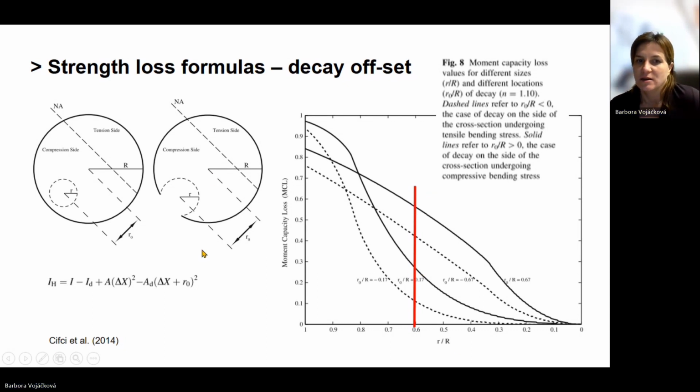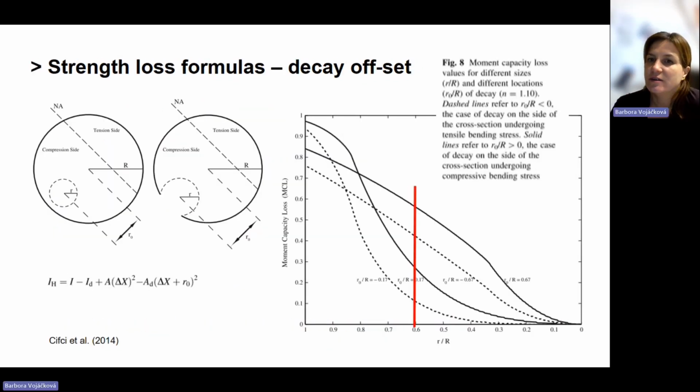So we can see that the offset of the cavity, the cavity not being in the center, can cause a big difference in the computation of the moment of inertia or section modulus and so on. It can cause a big difference in the stress computation in the stem.